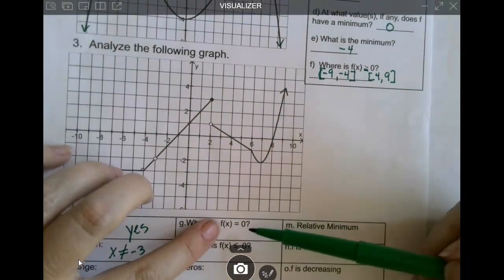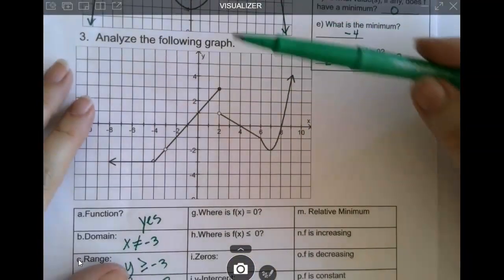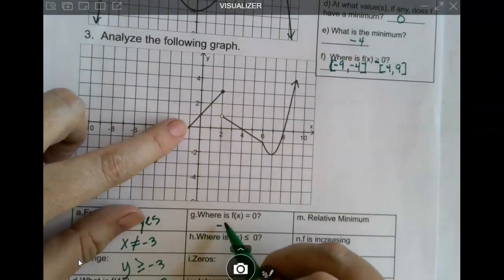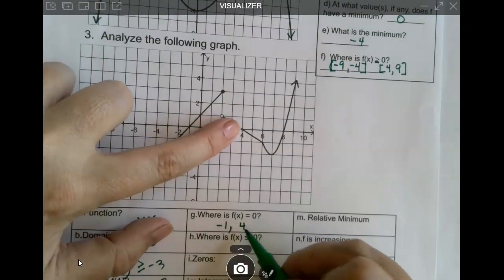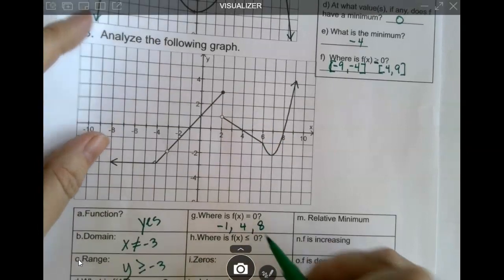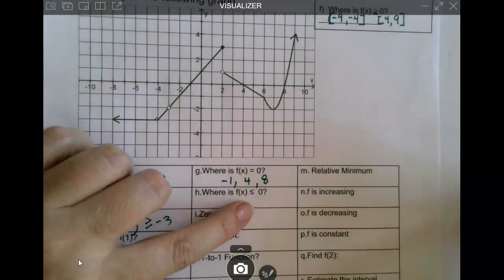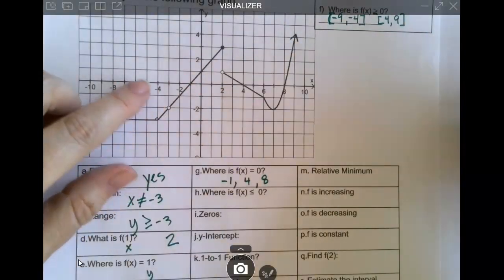And where is y 0? Well, y is 0 right here on the x-axis, so this is at -1, 4, and 8. And then where is the function less than 0? Less than or equal to 0? Well, it's everywhere below this line.